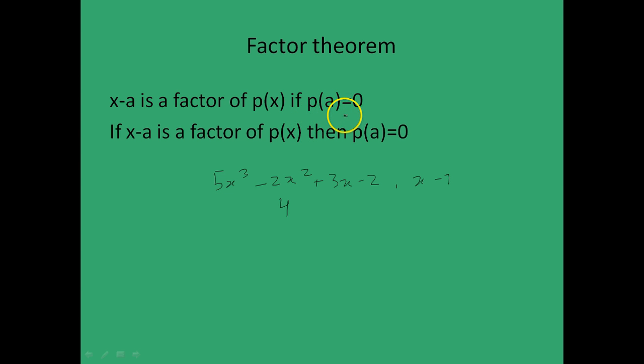That is, p(a) comes out to be 4 and therefore not equal to 0. And so we can say that x minus 1 is not a factor of p(x), that is this polynomial right here, which is confirmed by the long form division that we had done last time.